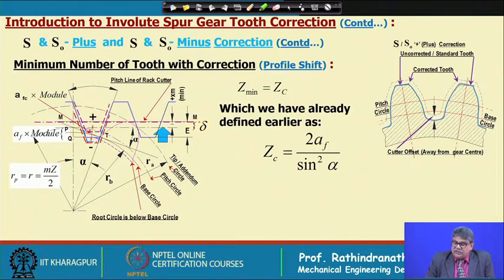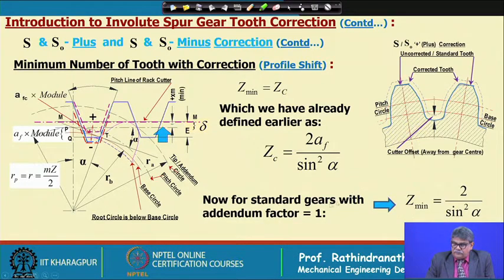Now, this addendum factor I have mentioned, because if the cutter has some different addendum factor, we can go for higher or lower amount of correction, but during this course we may consider addendum factor equal to 1. This will be easy to consider, and 2 by sin square alpha for 20-degree will be slightly more than 17, and we consider zc is equal to 17.